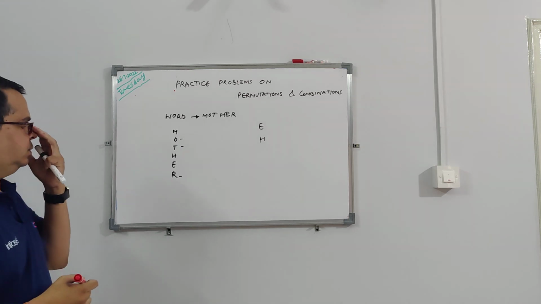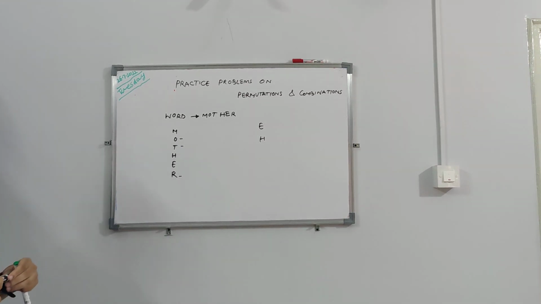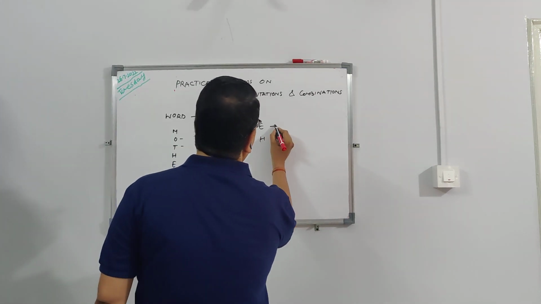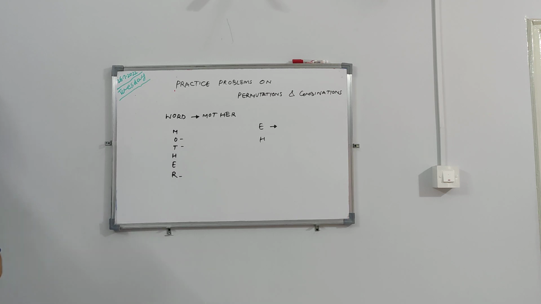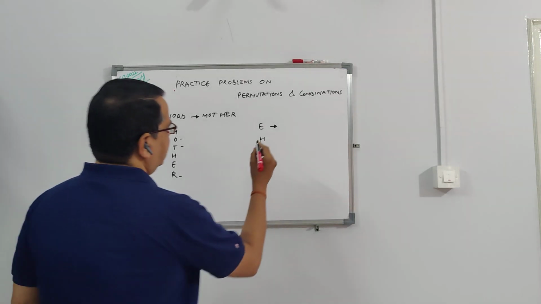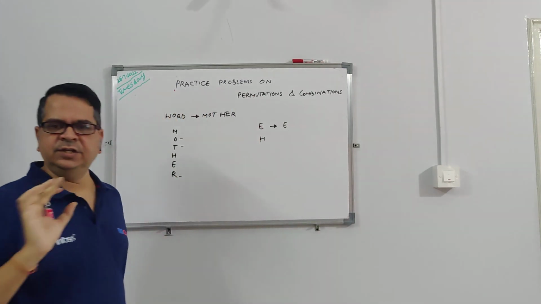So words starting from E, how many words can be formed? That is, total words starting from E. So it will start from E. E is fixed.